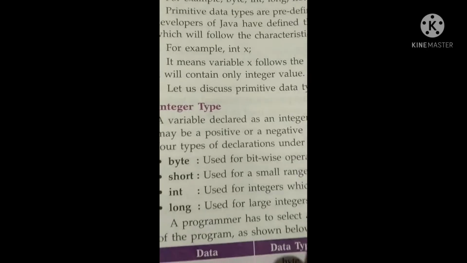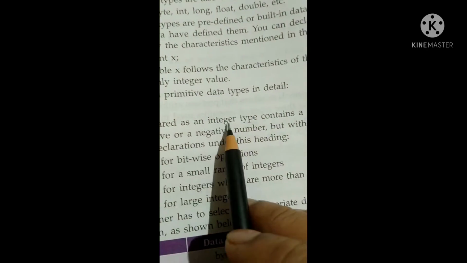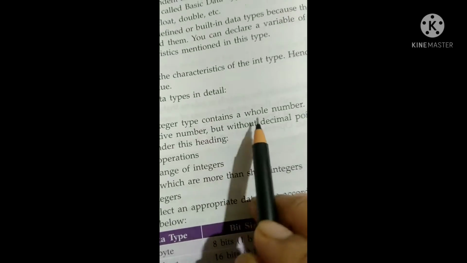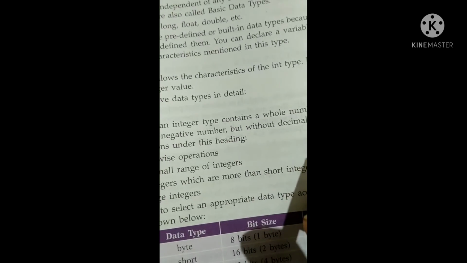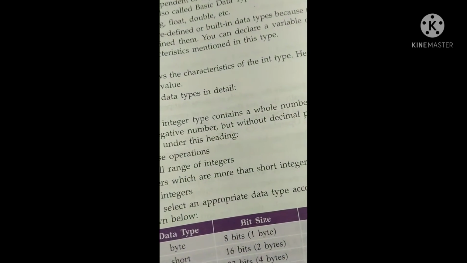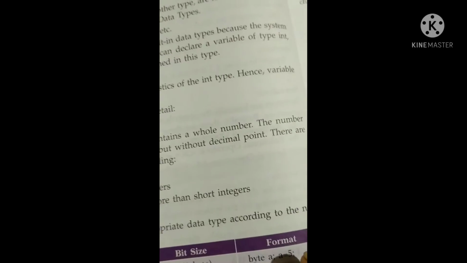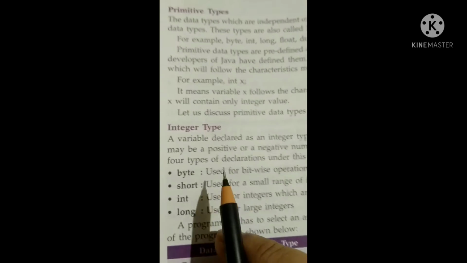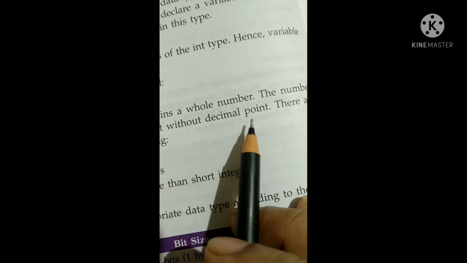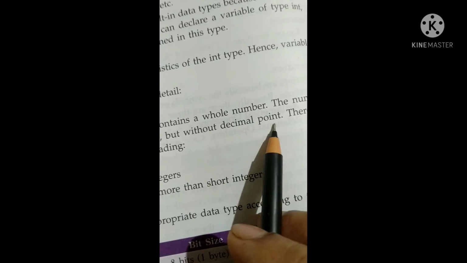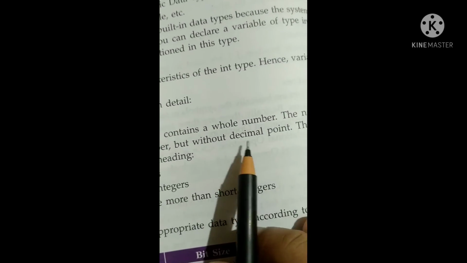Try to understand this. A variable declared as an integer type contains a whole number. Whole number means a pure number without fraction. It may be positive, negative or zero, but without decimal points. I am repeating that over and over again.